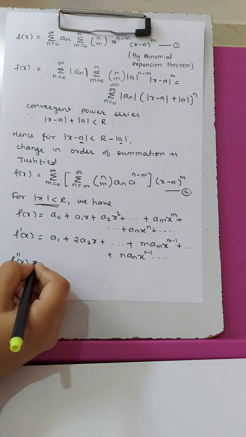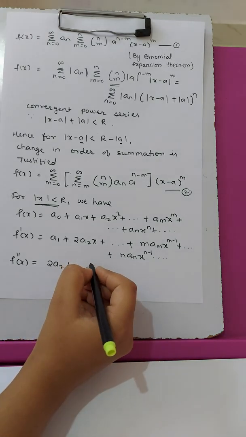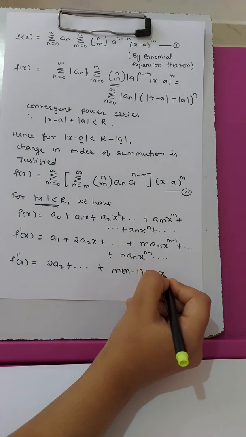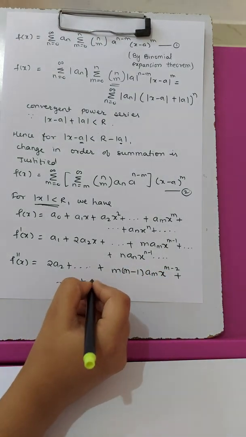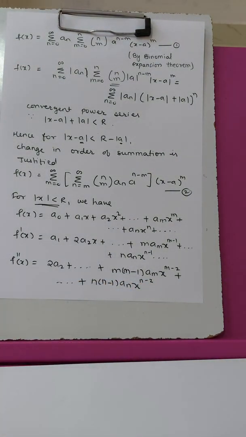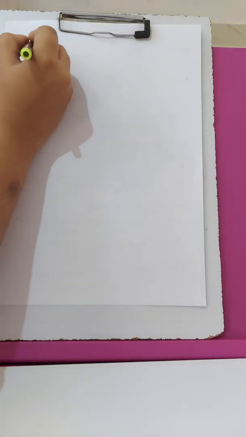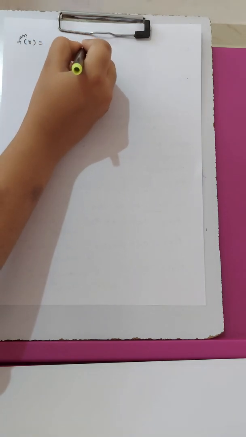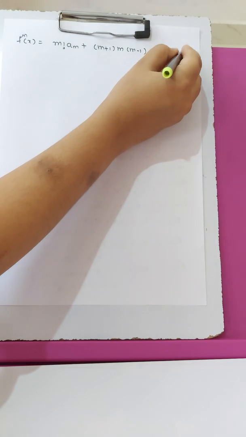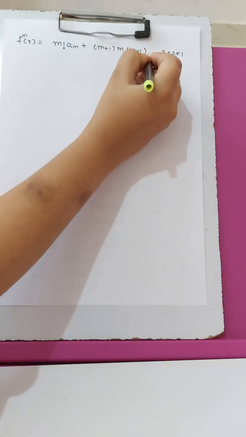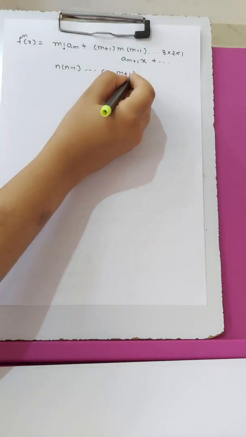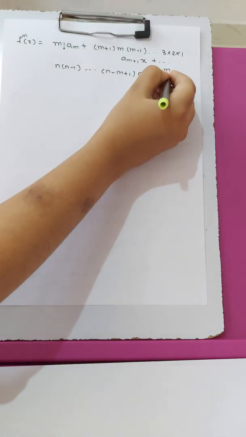The second derivative, that is f double dash of x, is twice of a2 plus and so on plus m minus 1 am x to the power m minus 2 plus and so on, n minus 1 an x to the power n minus 2, and continuing in the similar manner we get fm of x equals to m factorial am plus m plus 1 m minus 1 and so on, 3 into 2 into 1 a m plus 1 x plus and so on, n minus 1 and so on, n minus m plus 1 an x to the power n minus 1 plus and so on.